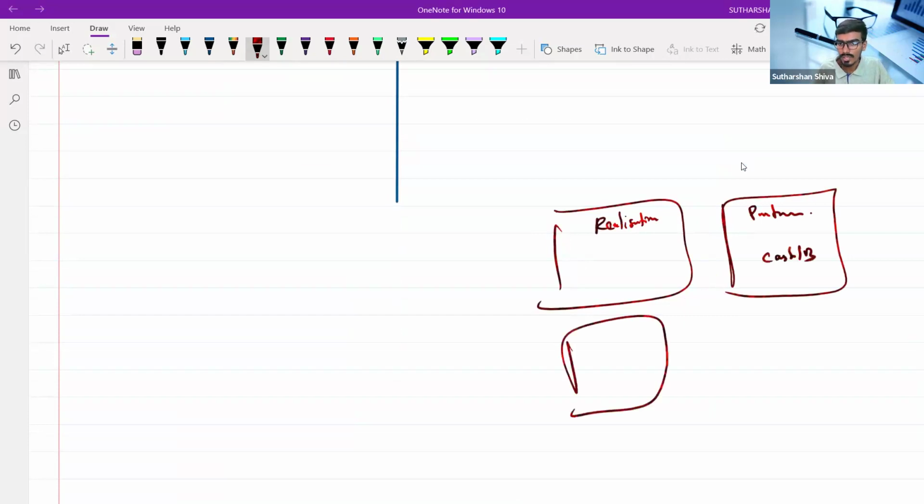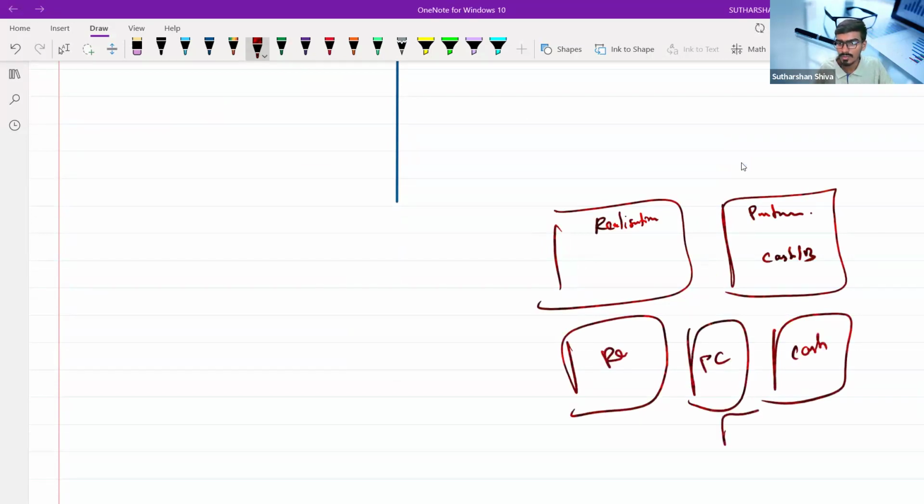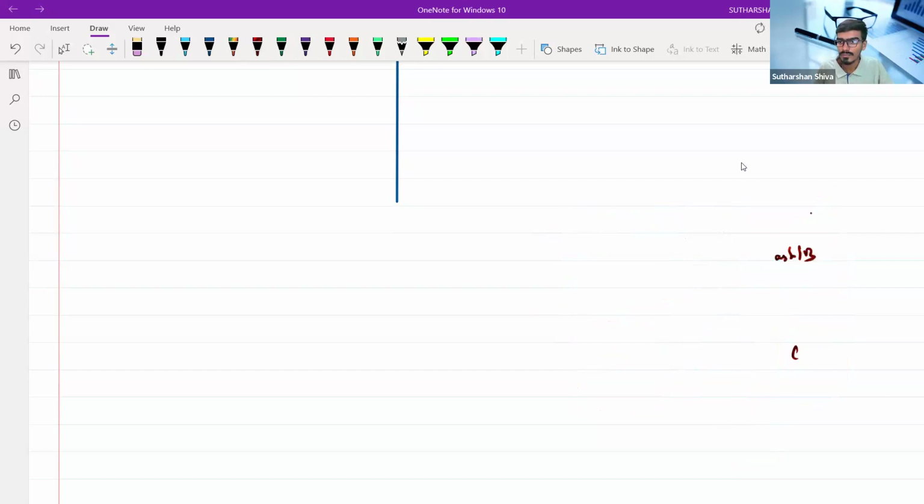Or if you want to write it in 3 pages, you will write realization, partners' capital, cash or bank. The fourth page will be for your working notes. If the realization account is going to be very small, here you can insert your partners' capital, here you will put cash or bank, and here working notes. Based on that, you will prepare using a simultaneous approach.